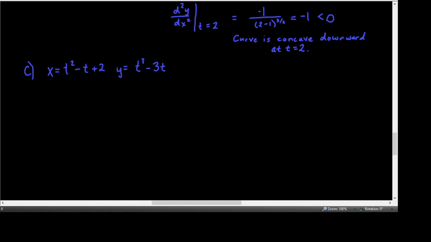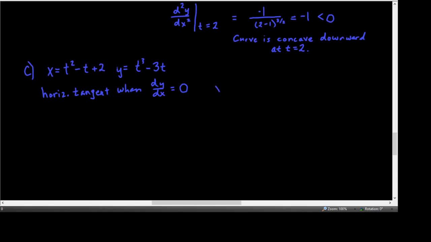Okay, so first of all, let's think about what horizontal and vertical tangency means. Let's start with horizontal tangency. You have a horizontal tangent line when the slope of the tangent line is what number? 0. When the slope, or dy dx, is equal to 0.